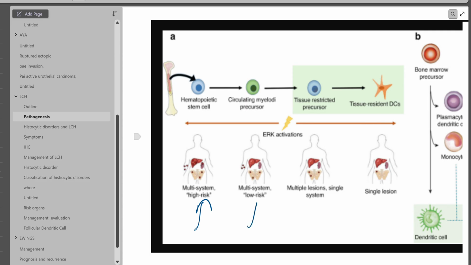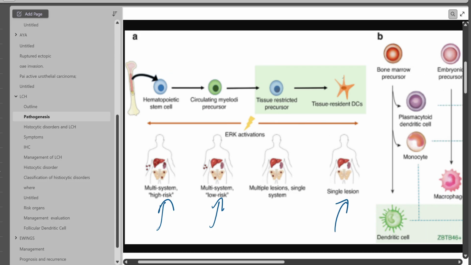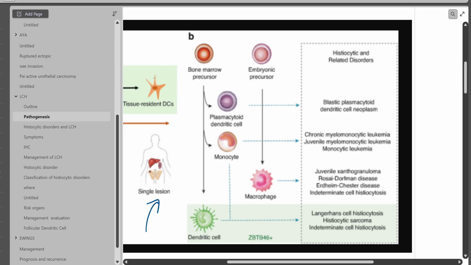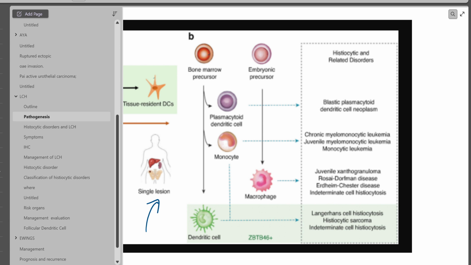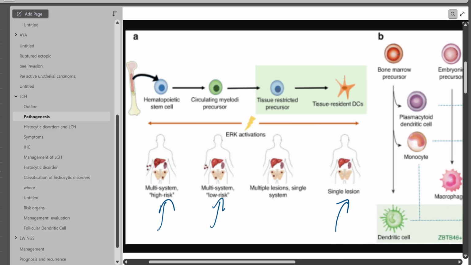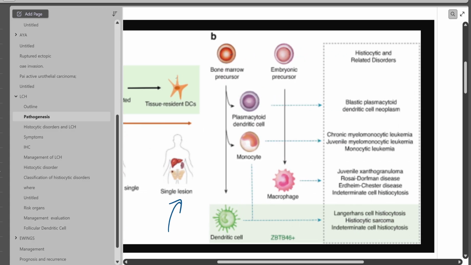Otherwise, you can have a low risk or a single lesion. So again, the same concept, bone marrow and embryonic precursor. Macrophages could be proposed to come from the fetal liver, and then you can have the embryonic precursors to form macrophages as well.